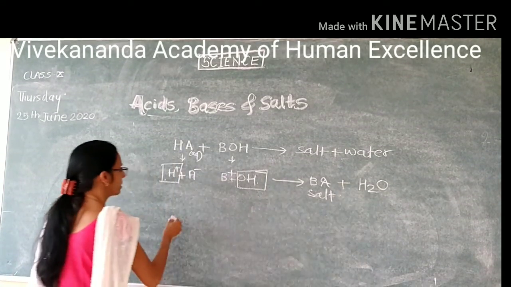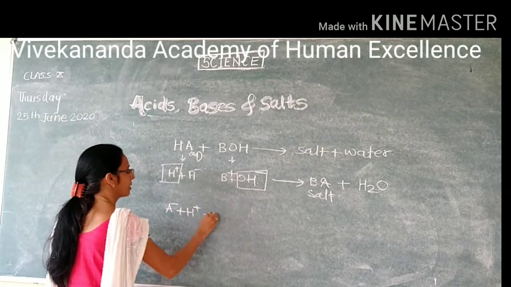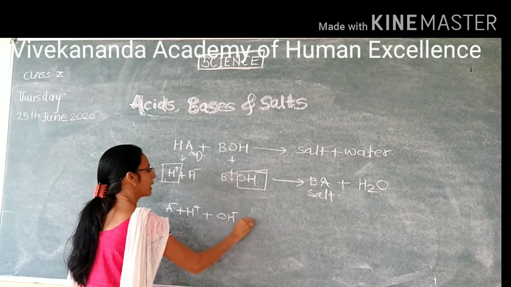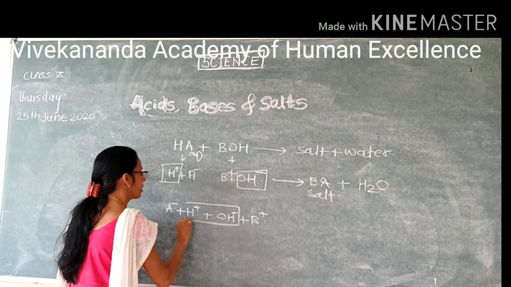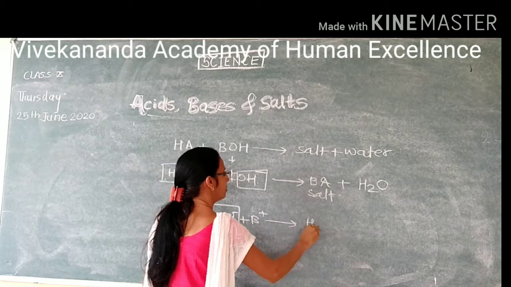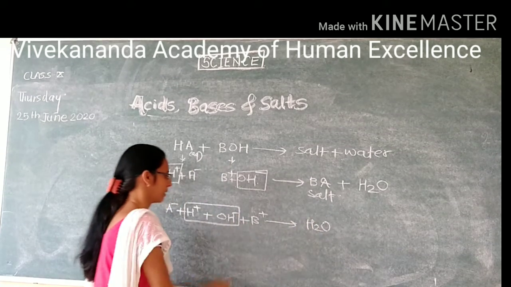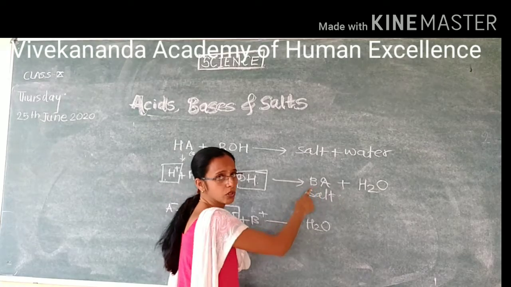How have we written the reaction? A minus plus H plus, OH minus plus B plus. These H plus and OH minus combine and give H2O, that is water. And this B plus and A minus is in the form of the salt.